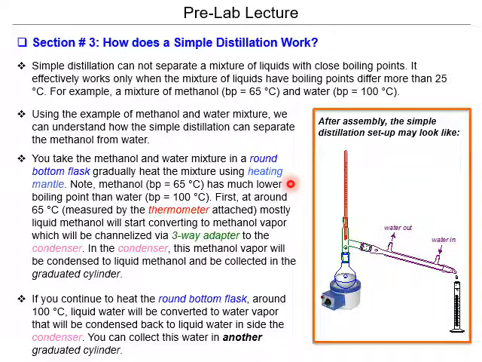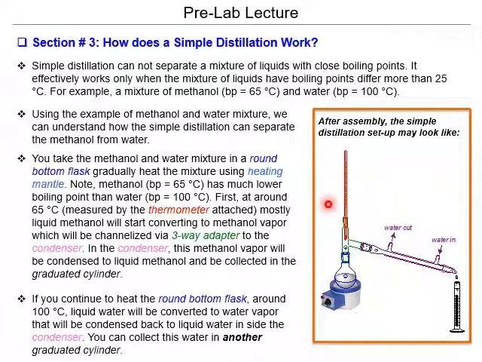Let me use the example of a mixture of methanol and water again for the simple distillation setup. When you use simple distillation to separate methanol from water, after heating at a temperature around 65 Celsius, which is the boiling point of methanol, the methanol will evaporate, and after passing through the condenser, it will be liquid, so you can collect the pure methanol at around 65 Celsius.